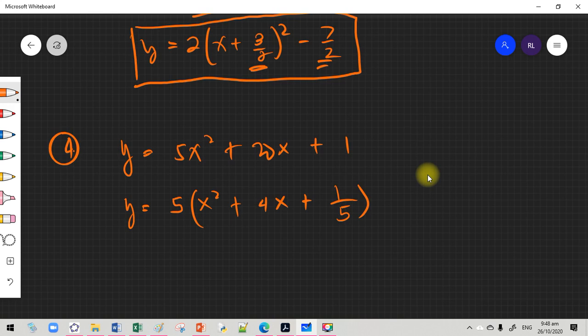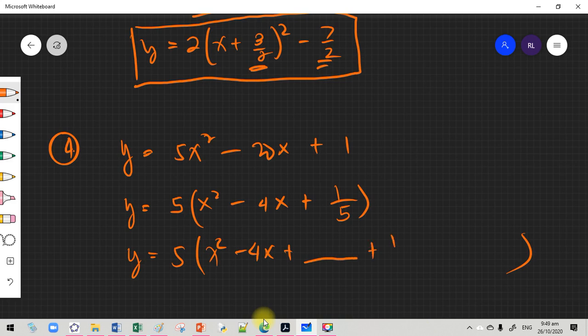Let's change it a little bit so that this becomes different. Let's make it minus. So we apply completing the square in the inside expression. We have minus 4x plus 1, then we have plus 1/5 minus blank.